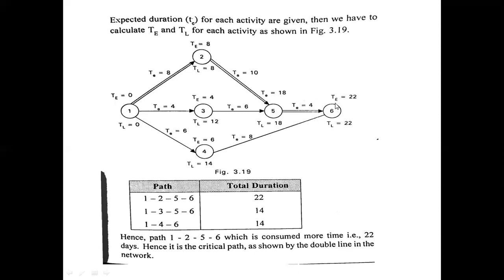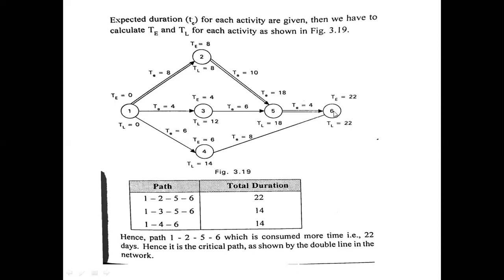The earliest finish time of the last event is 22, so the latest finish time of the last event will also be 22. Both are equal, just as for the first event both are 0. The latest finish time of the last event is the same as its earliest finish time, which is 22.